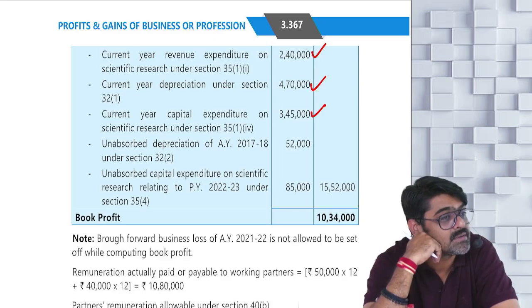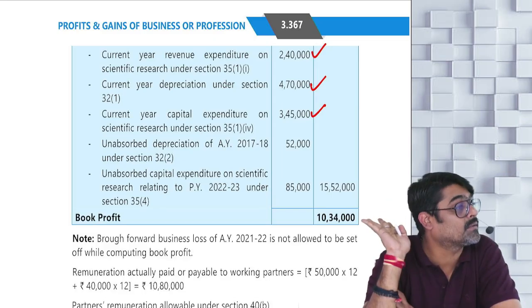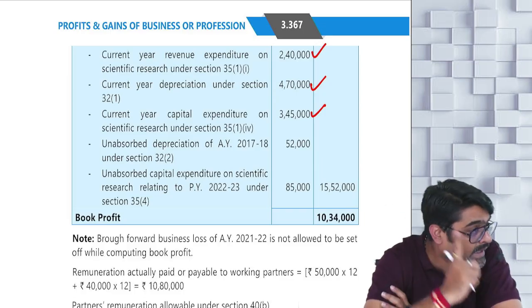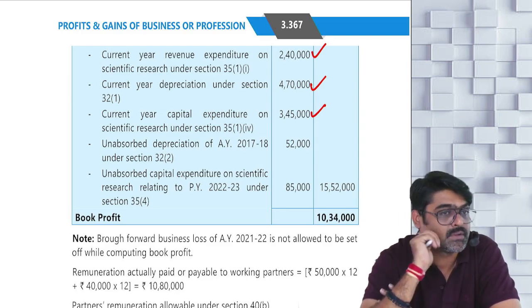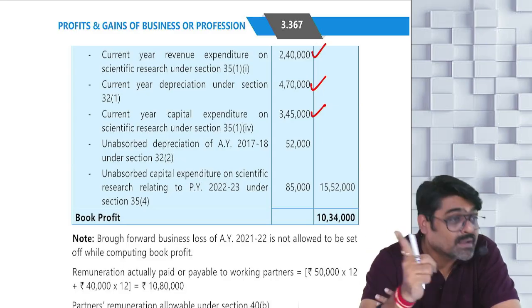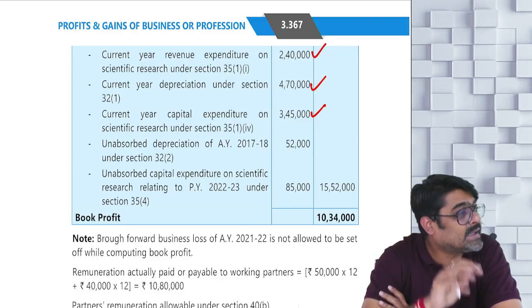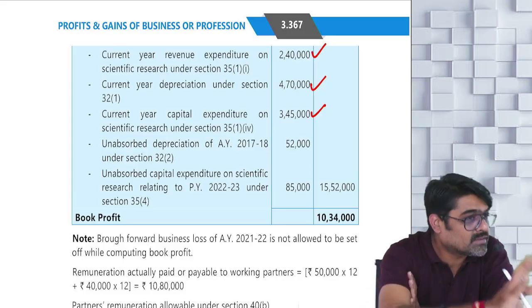First you are going to do all the adjustments of the current year. Take the allowable interest, reduce that. Then reduce the current year depreciation, reduce the current year revenue as well as capital expenditure on scientific research.